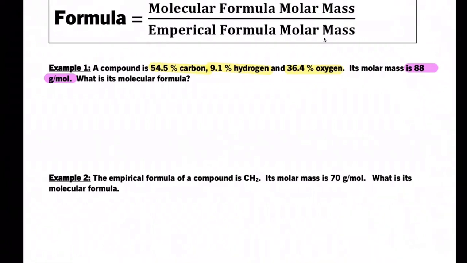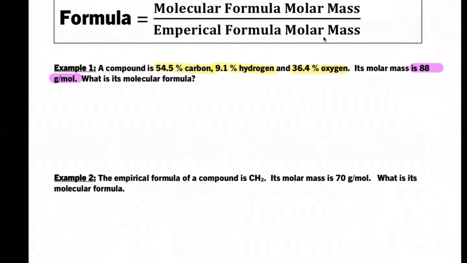Just like we did in last unit, we are going to convert all of these things into moles and divide by the smallest. And again, pretend that the percents are just our grams. We have carbon, 12.01 for this molar mass.